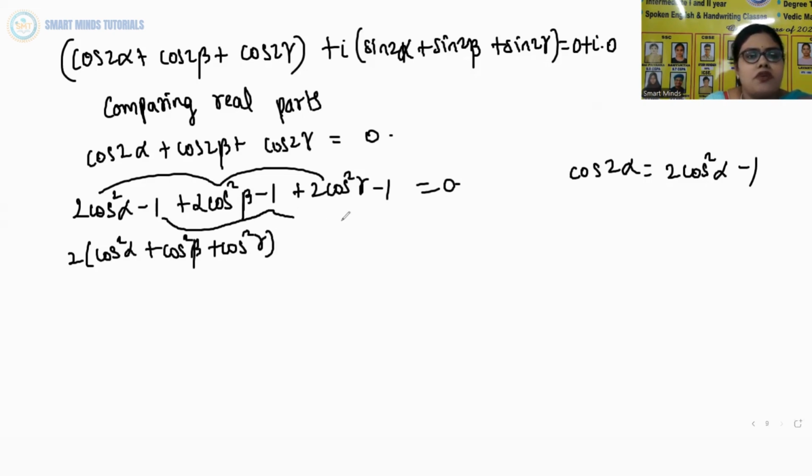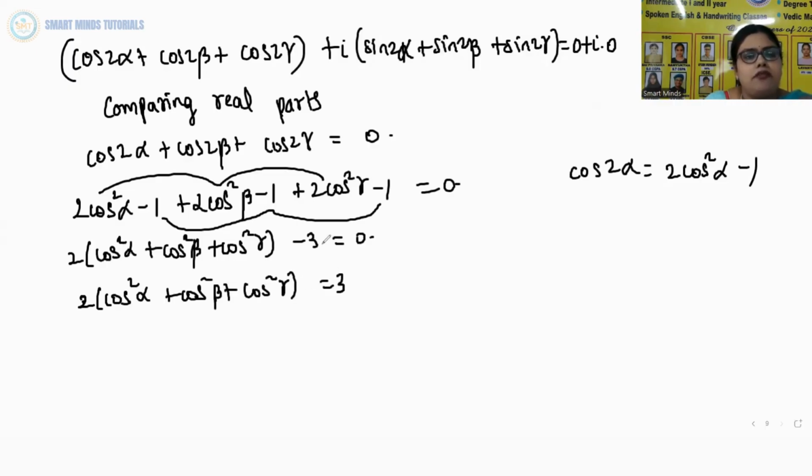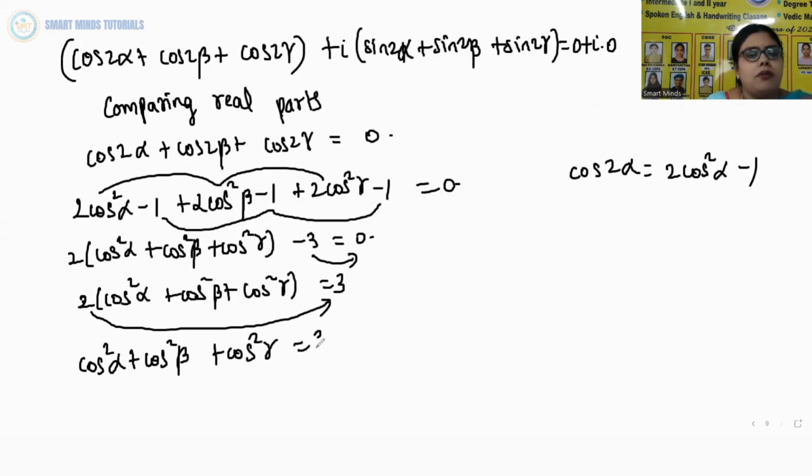Minus 1 minus 1 minus 1 becomes minus 3. Now 2 into cos square alpha plus cos square beta plus cos square gamma is equal to 3, if I take this minus 3 to that side. Now I will take this 2 to the other side. So we get cos square alpha plus cos square beta plus cos square gamma is equal to 3 by 2. The first part of the question is proved.